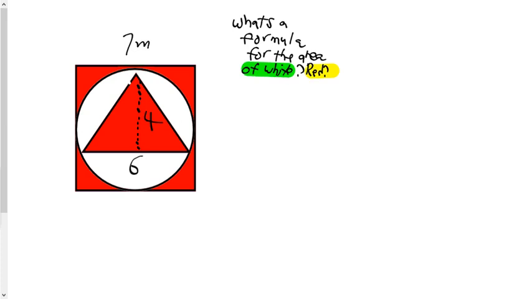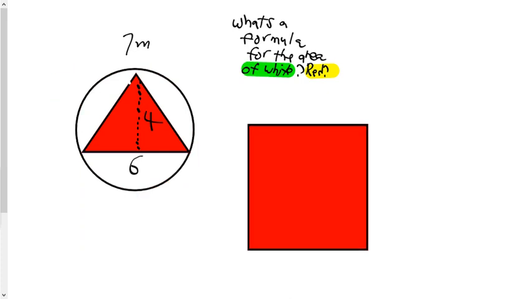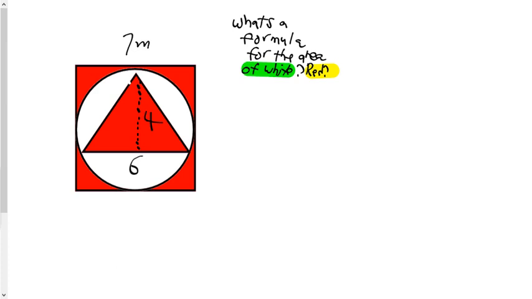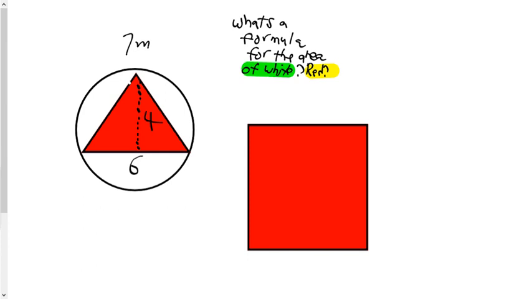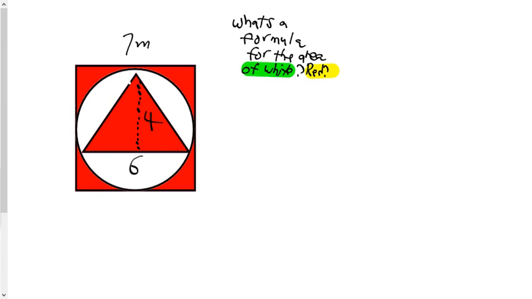If we think about the white, the actual square that's here is unnecessary, right? If I remove that square, it does not have an impact on how much white there is in terms of space.